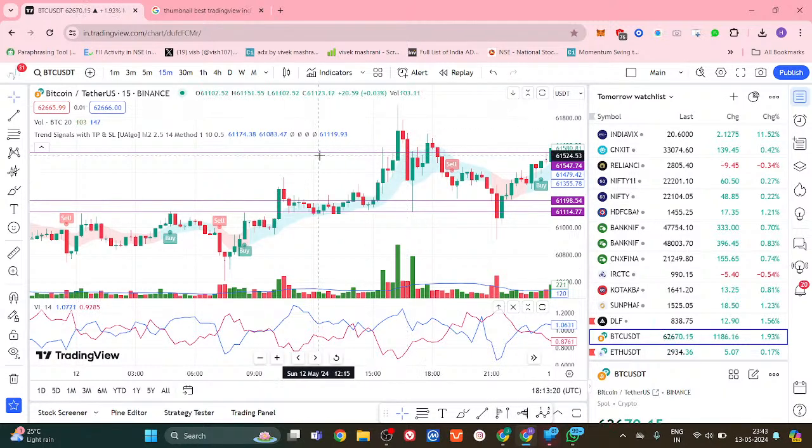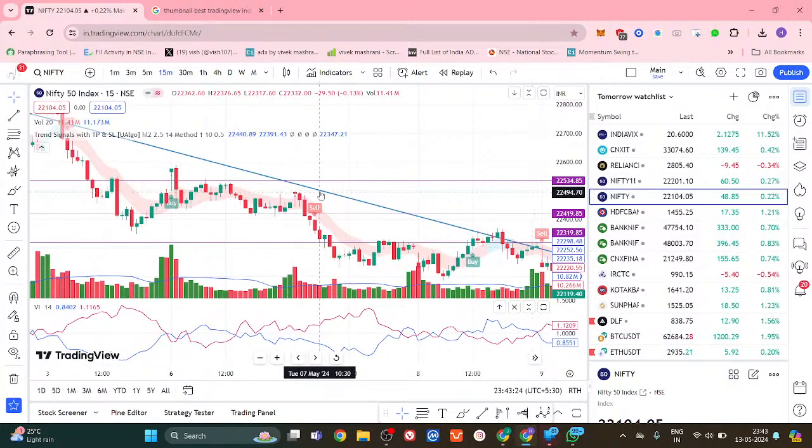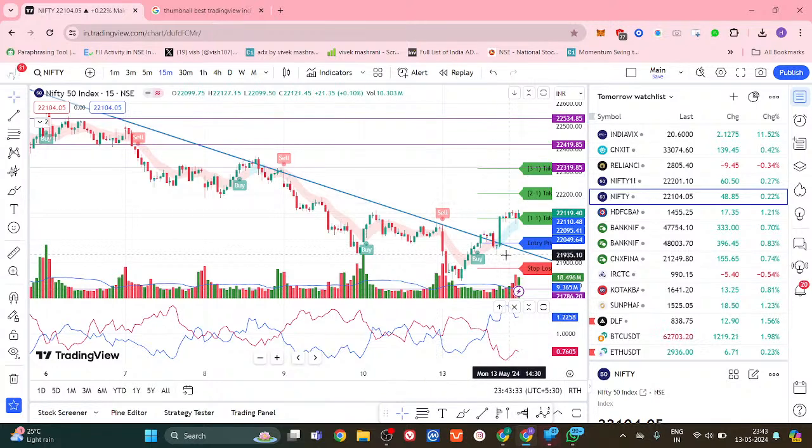I hope you have looked at the settings and understood. It's very simple. It in fact gives you target 1, 2, 3, and all that. Now see here, it has given you a buy, correct? But blue is still below.